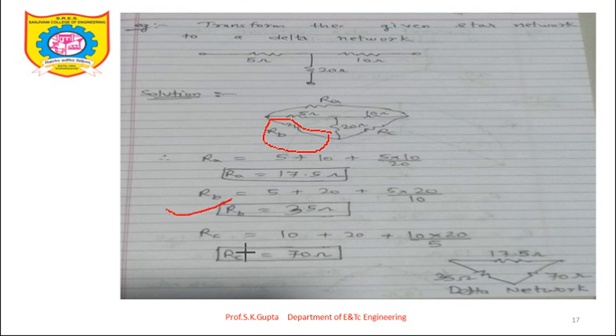Now next is calculation of RC. So I have to calculate the RC value. Okay. So nearby resistances are 10 and 20. So do the addition, 10 plus 20 plus, now take the product, 10 into 20 divided by the remaining resistance, which is 5. Okay.